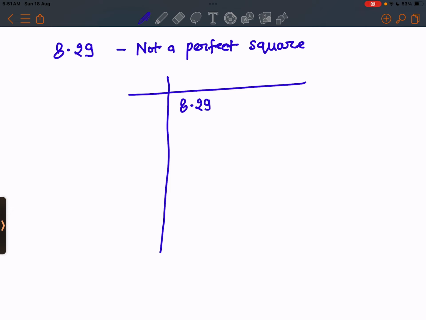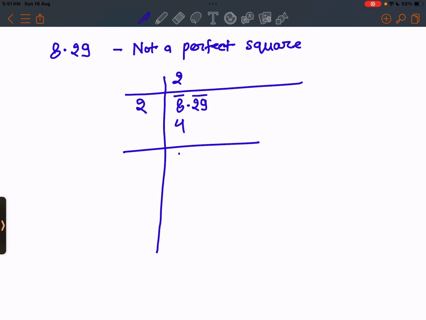8.29. Put a bar on each pair. The number just below 8 which is a perfect square would be 2, because square of 3 is 9, which is greater than 8. So 2 2s are 4. 8 minus 4 would be 4, and 29 will be as it is here.